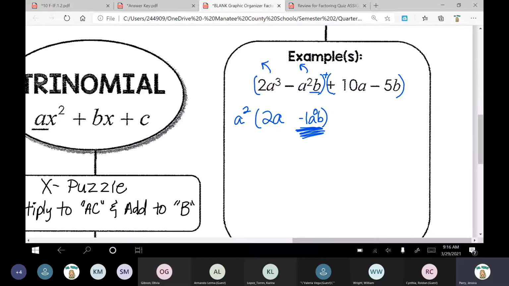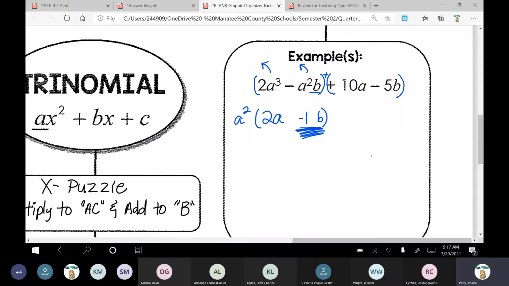Anything to the power of 0 is really equal to what? 1. Perfect. So I'm going to go ahead and change this a to the power of 0 to a times 1. Okay. And then anything times 1 is that anything, or you can just look at the actual multiplication. Negative 1 times 1 would just be negative 1.